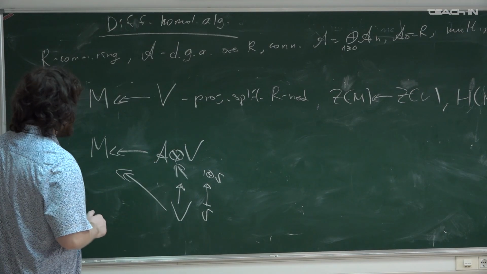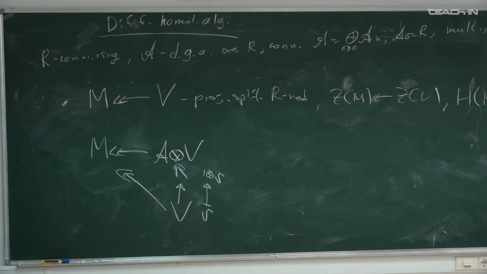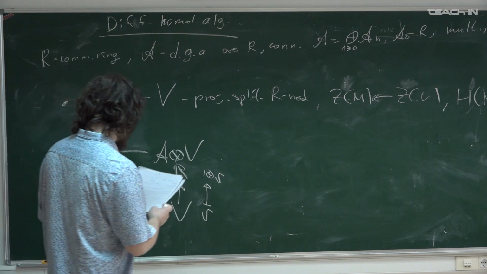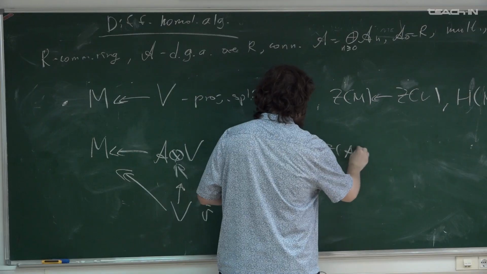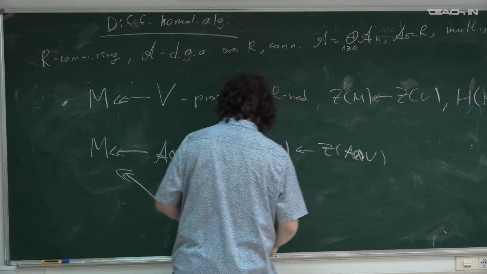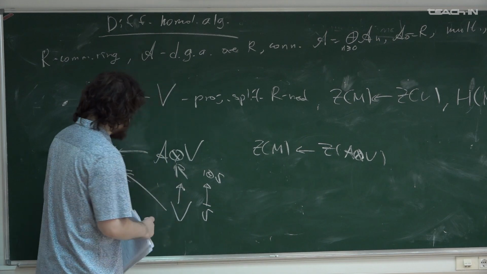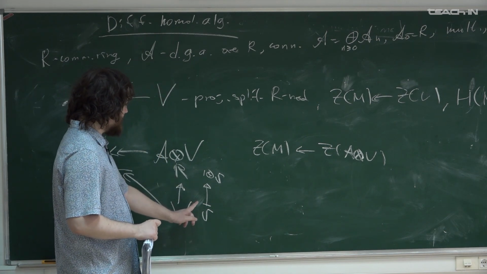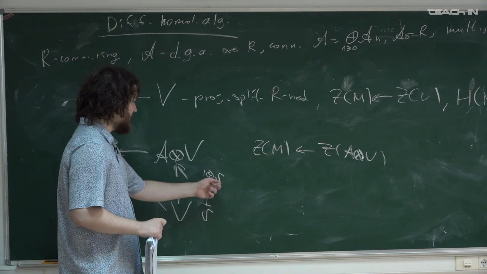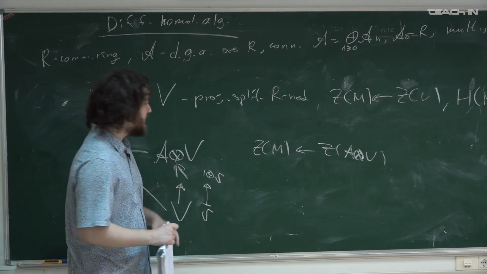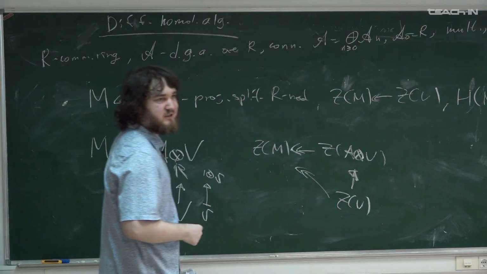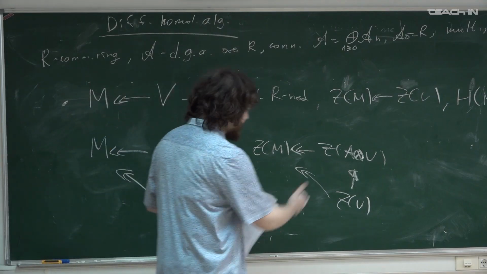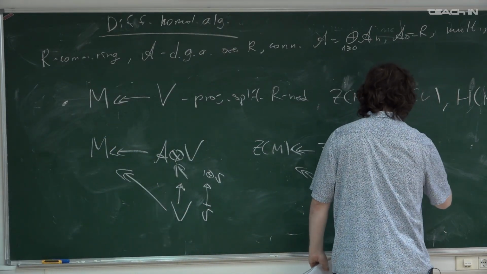So, on cycles. What is it on cycles? On cycles it's the same thing. I have ZM, ZAV, I have a map. By this map, cycles also go to cycles, because if V is a cycle, this is a cycle, because the unit is a cycle. So cycles go here, and they have a surjection here, so it's a surjection on cycles. And on cohomology also, the same thing.